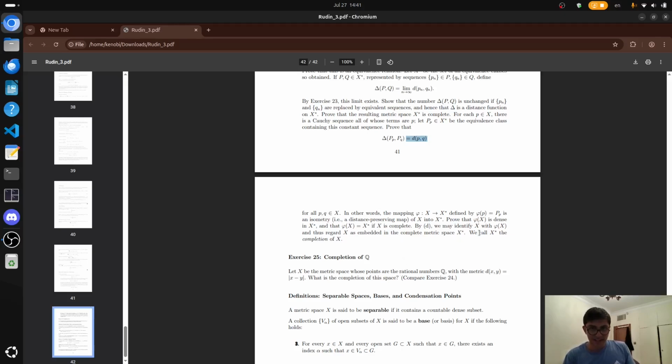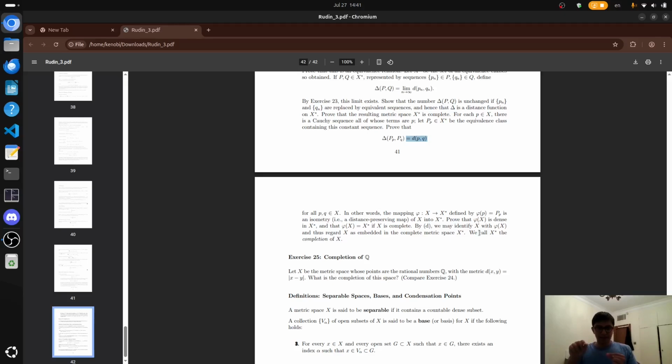So phi(X) is dense in X star. Why? Because when you take the constant terms, for each one of these Cauchy sequences, we know that it converges with one of these constant sequences, right?